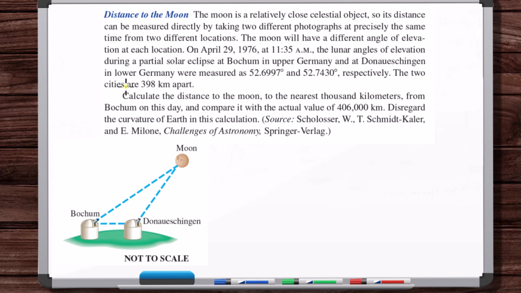The two cities are 398 kilometers apart. Calculate the distance to the moon to the nearest 1,000 kilometers from Bochum on this day and compare it with the actual value of 406,000 kilometers. Disregard the curvature of Earth in this calculation.